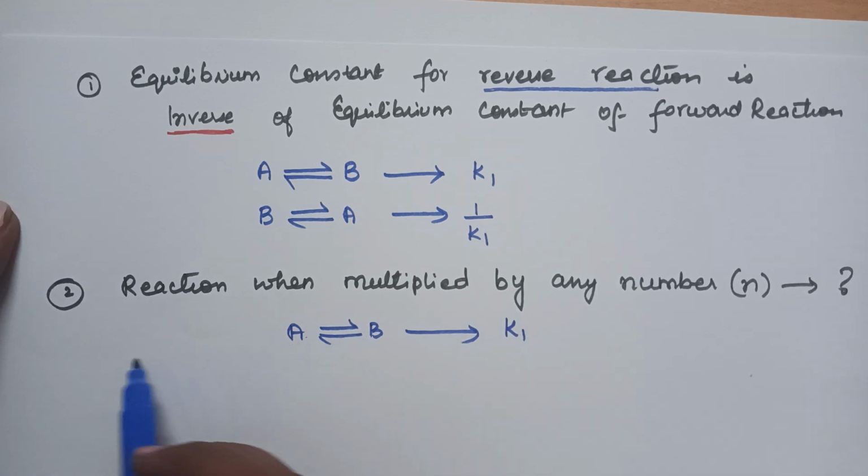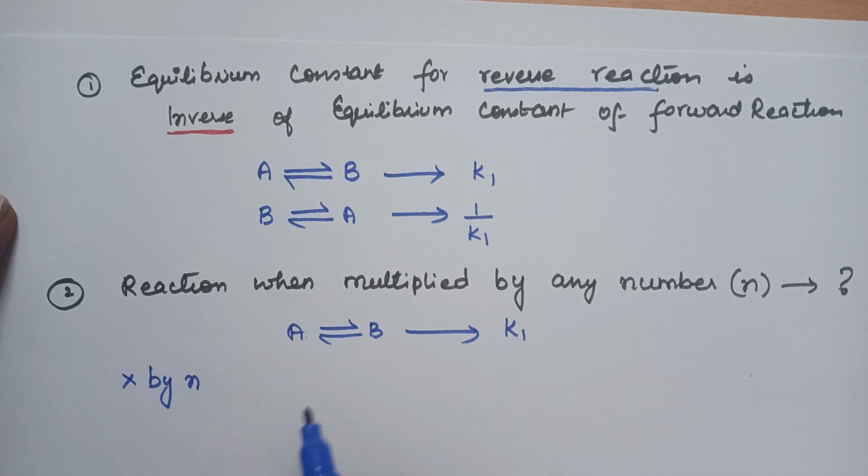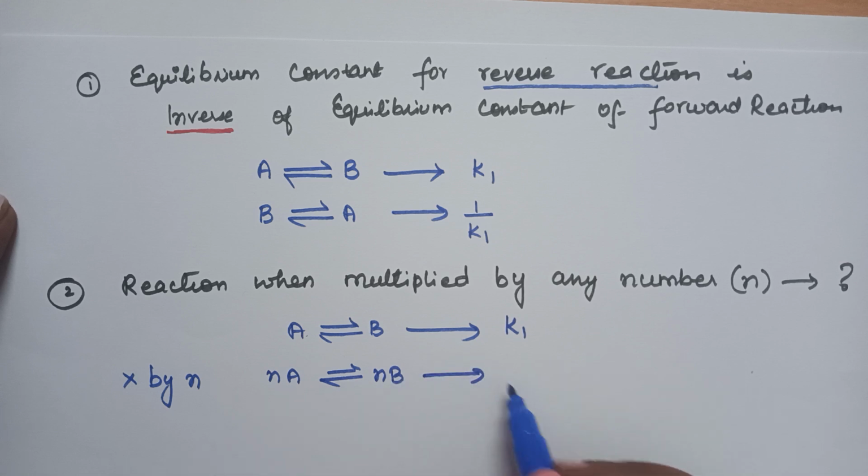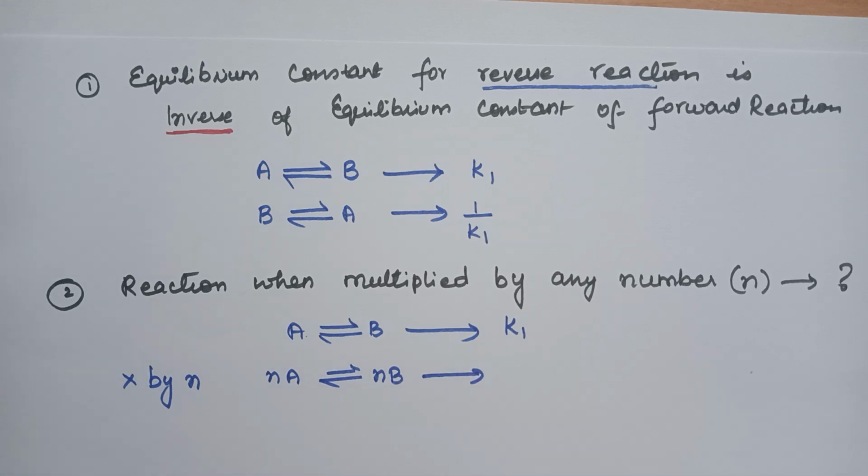So now multiply by n. So n can be any number, it can be 1, 2, 3, 4, half, it can be any number. So I'll be multiplying this reaction by n. So it becomes nA gives nB. So now what will be the equilibrium constant?